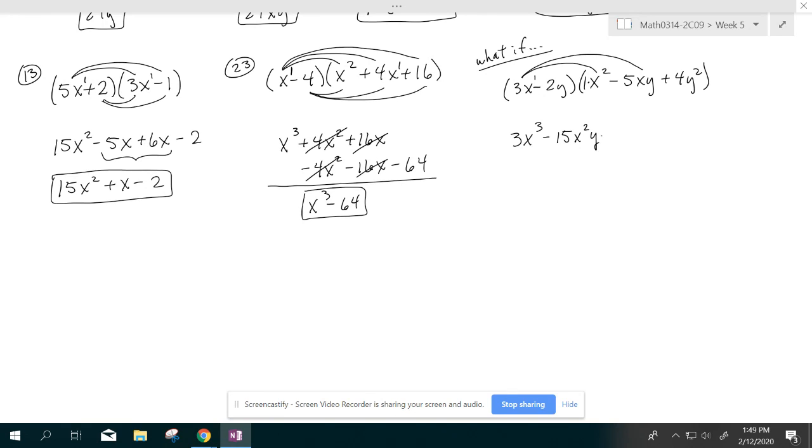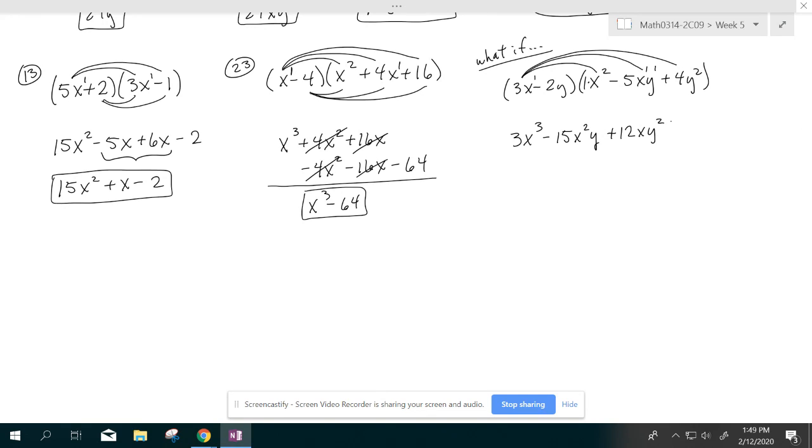So since those letters are the same, we're going to add their powers. x1, y1. And then next, 3 times 4. And this time the letters don't match. So you just write them down in alphabetical order. x, y squared. Everybody good?